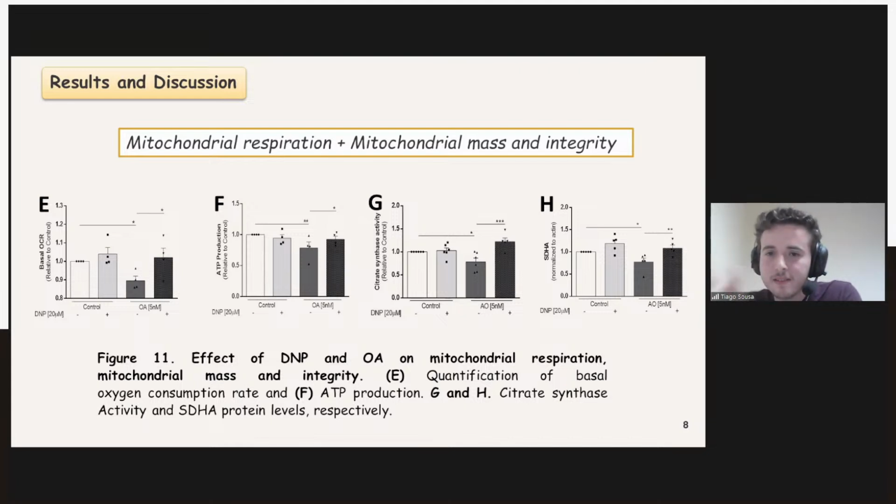And the citrate synthase activity, as I said, a mitochondrial mass important enzyme in the cell, was also reverted in the presence of DNP, and also the important SDHA enzyme present in oxidative phosphorylation was reverted by DNP. Let's go.